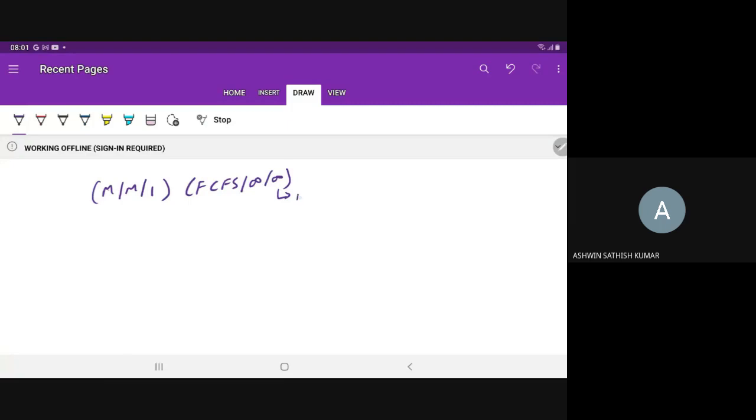This is the infinite population. This is the infinite capacity, infinite system capacity. Then this is the service discipline.